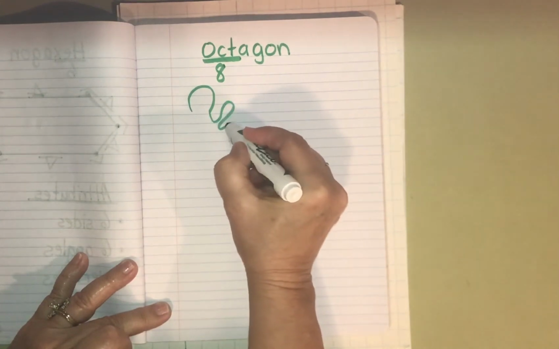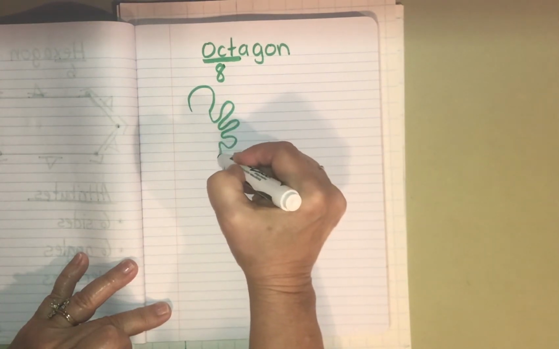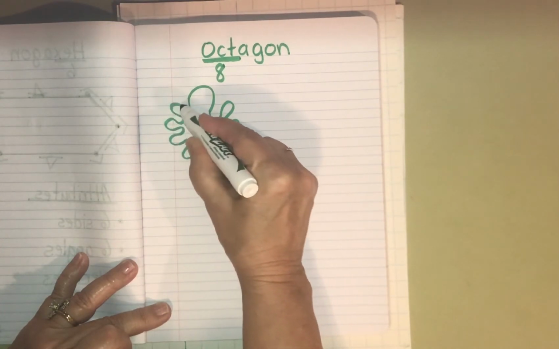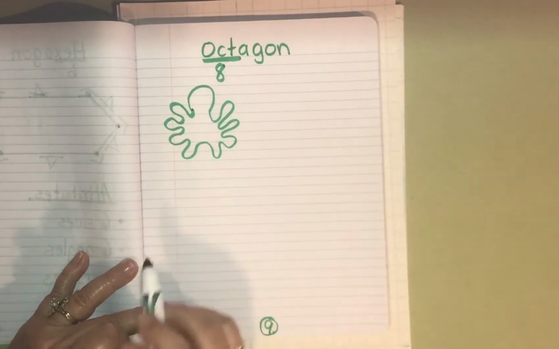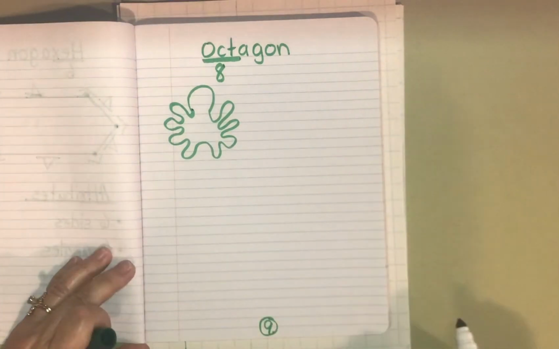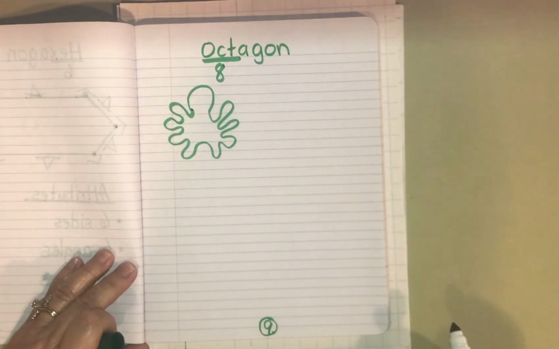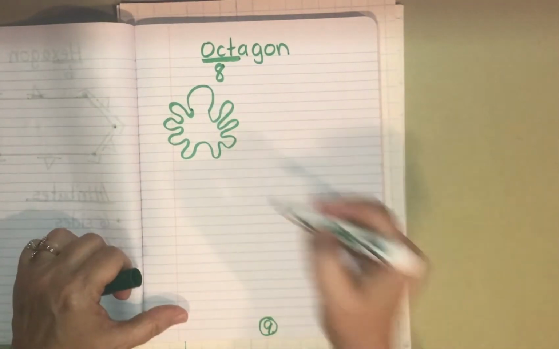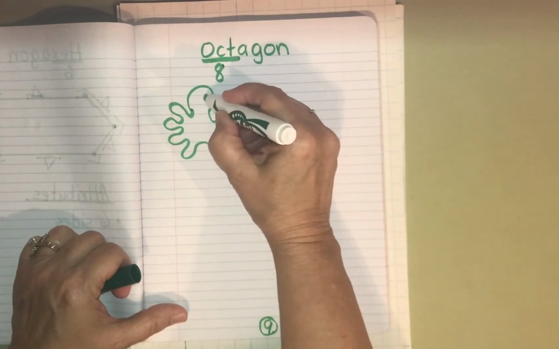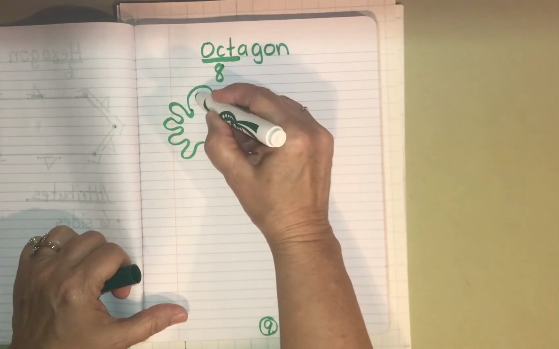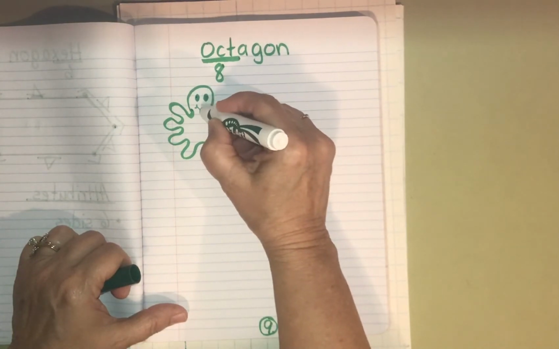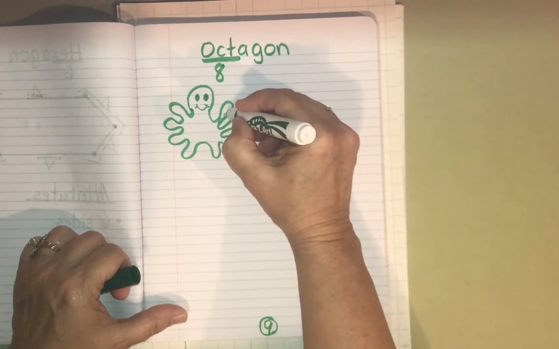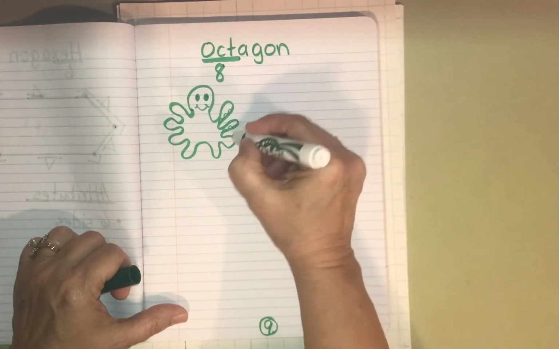All right, and so we're going to put 1, 2, 3, 4 on this side, and 1, 2, 3, 4 on that side. It's okay if it's not perfect, and it's even better if it looks better than mine. Okay, so we want somebody to know that that's not just a splot. So we're going to put some big eyes on this octopus and a big smile. Okay, and then we know that on their tentacles they have the little suction cups.